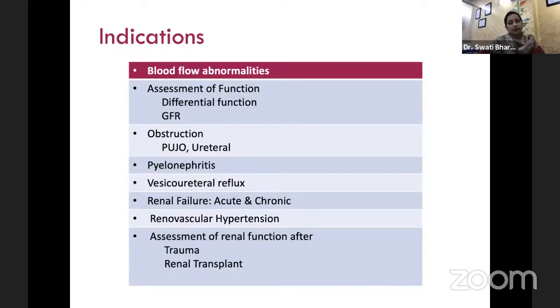Then they can be used in looking for scars in acute pyelonephritis or vesicoureteric reflux. Captopril renogram has been used in assessment of renovascular hypertension, and these scans also play a very important role in assessment of a donor for renal transplant as well as assessment of allograft function.